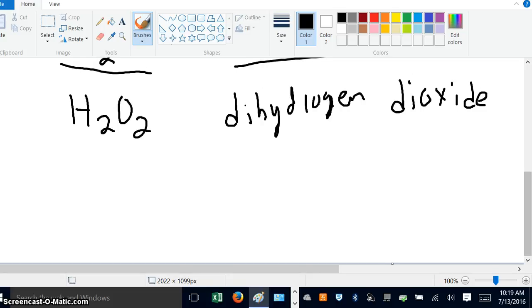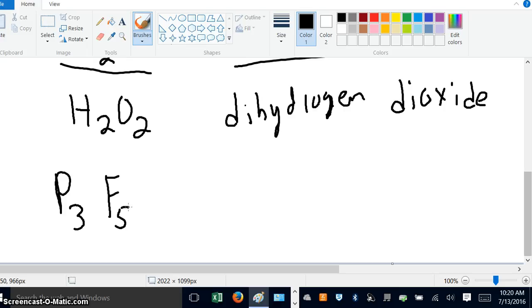All right, let me think of another one. How about P3F5? I'm just making this up. I don't even know if that's a stable compound, but of course, we could just at least name it.